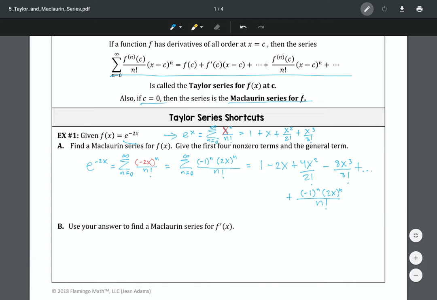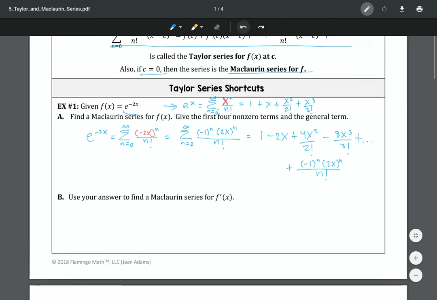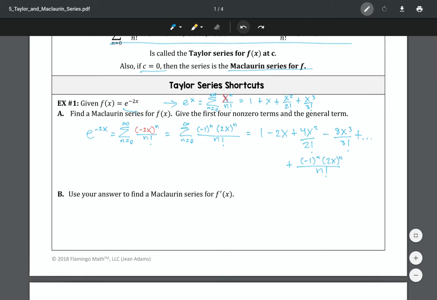Now, on the next one, they're asking us to use the Maclaurin series that we just found to find the derivative of this. Which would normally be easier to do without any series whatsoever, but you're going to see that sometimes this will make it easier. So now we're going to take the derivative of this.